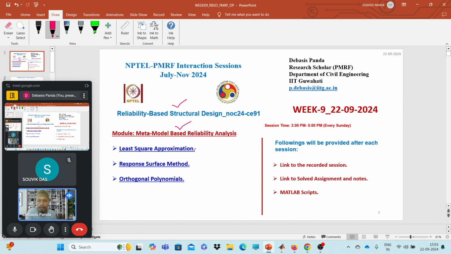We will develop the algorithm, solve different kinds of problems, and then move to the response surface method, where we will see how the actual limit state can be replaced by a response surface. We will solve different reliability problems using MATLAB, so we will code it and solve different problems. Then, if we have time, we will discuss orthogonal polynomials. Okay, so let's quickly start today's session.